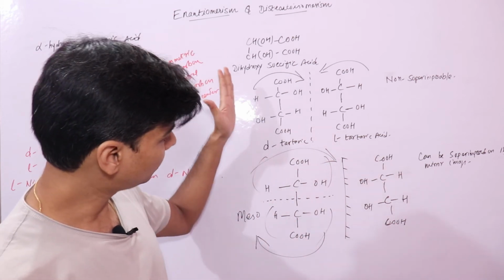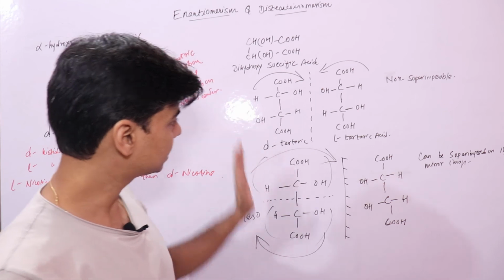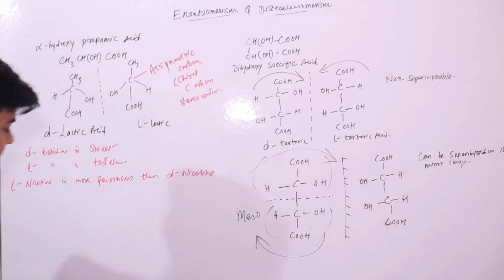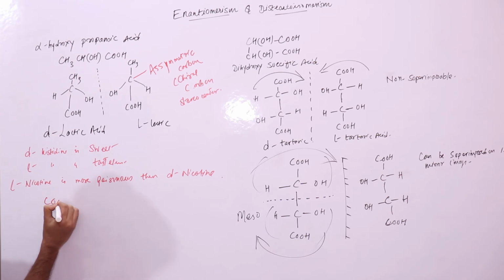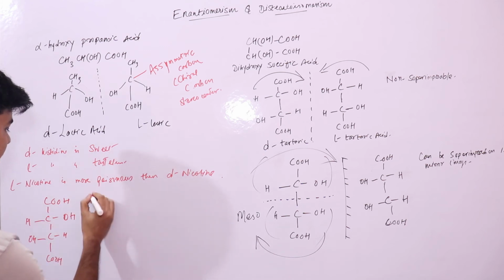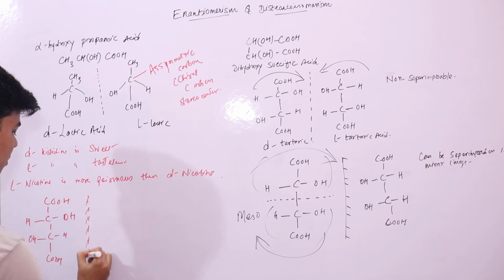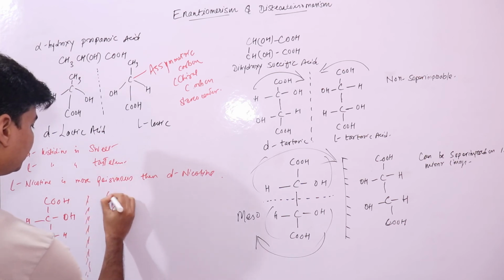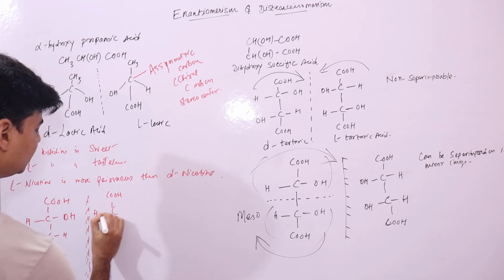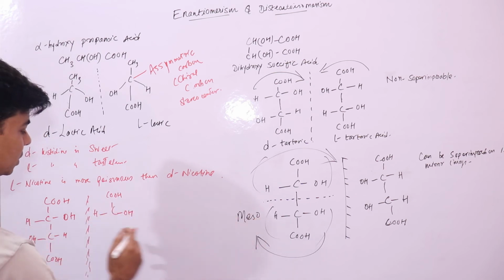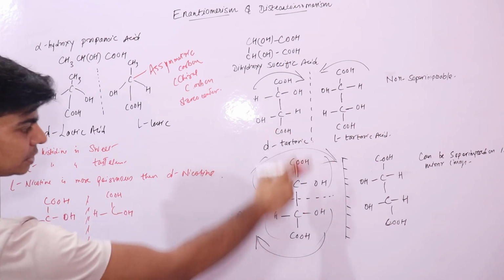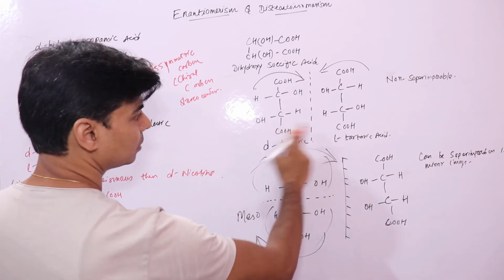Now, if I try to compare this and this, if I write it over here, OH, H, OH, COOH, and put a mirror, and compare it with this form, these three are optical isomers, but these two are enantiomers.